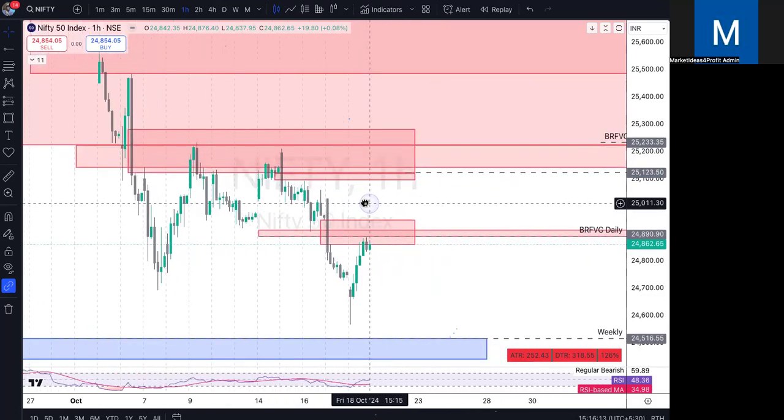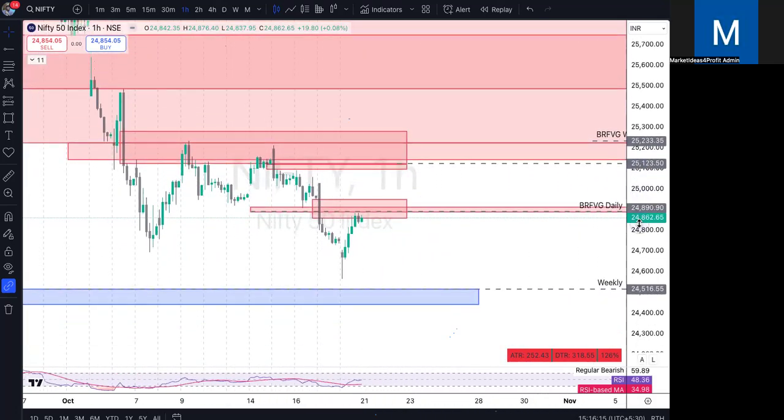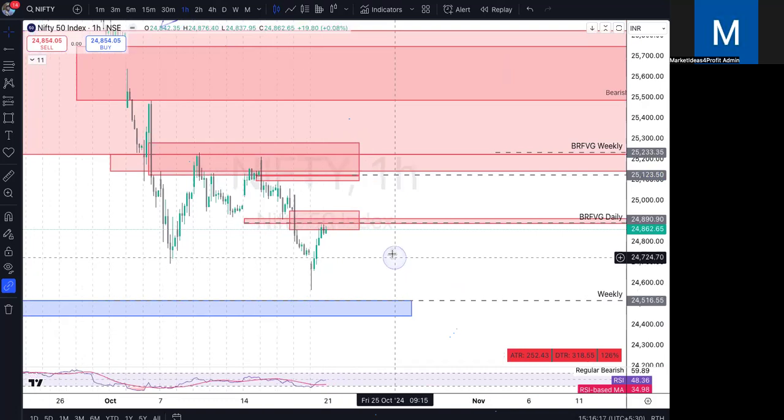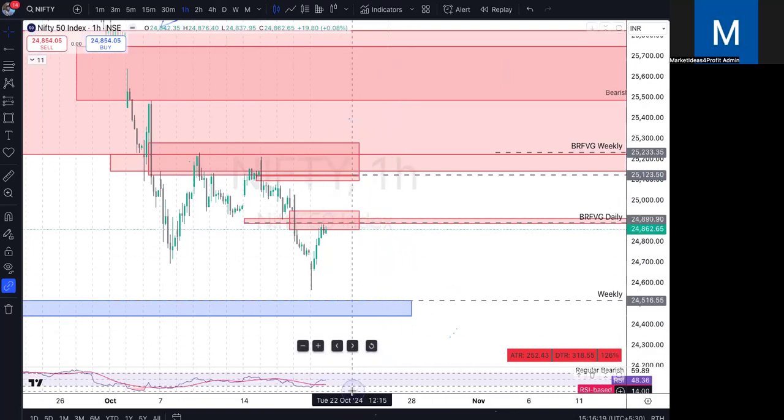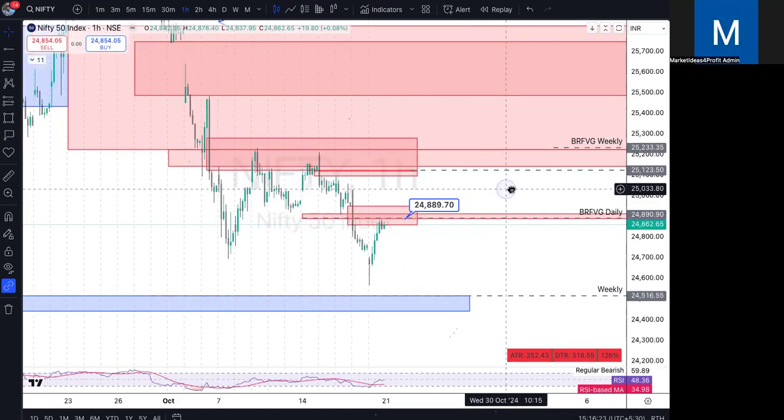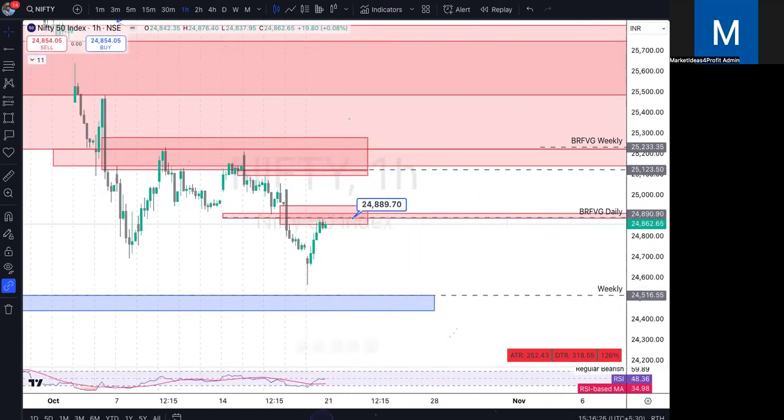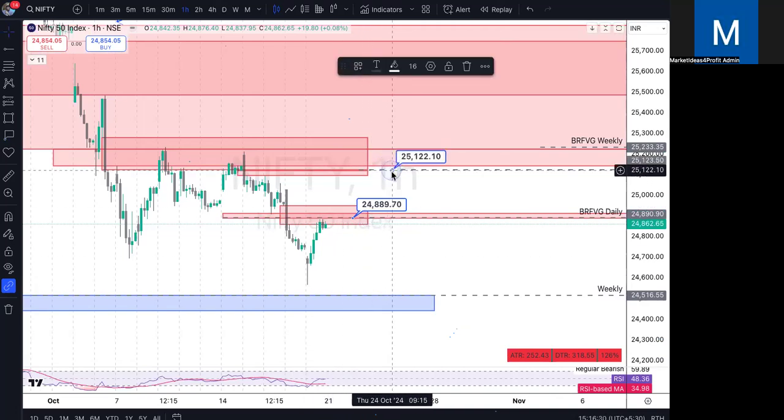Now, what can happen tomorrow using this theory is what we'll try to assess. So my view is that if we move above this level, which is 24,890, we could move up and go right up here to 25,122. But what you also see is this particular gap here.